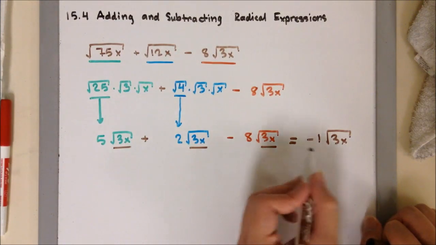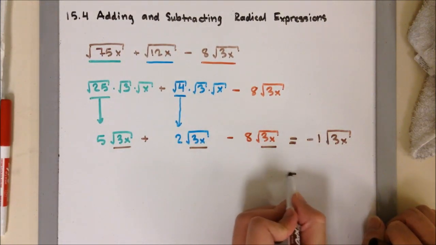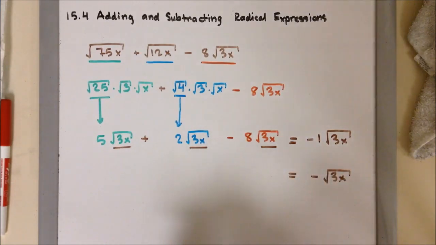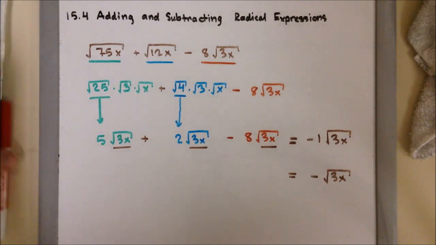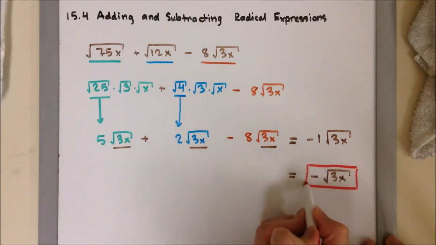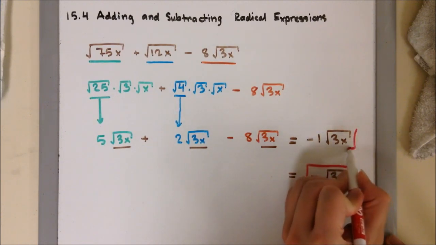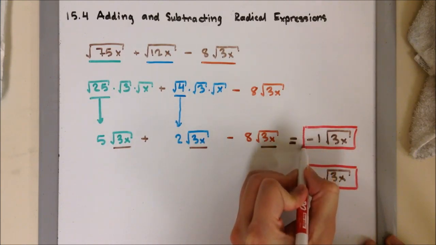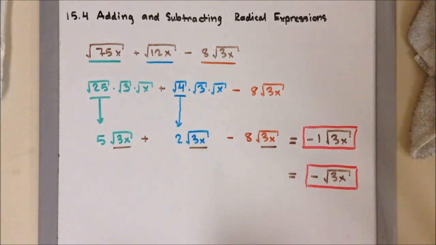Now, you can leave it as negative 1 square root of 3x, or you can just write it as negative square root of 3x. Either way works for me. And then this will be our final answer. And again, you can write either negative 1 square root of 3x, which is fine with me, or just negative square root of 3x.